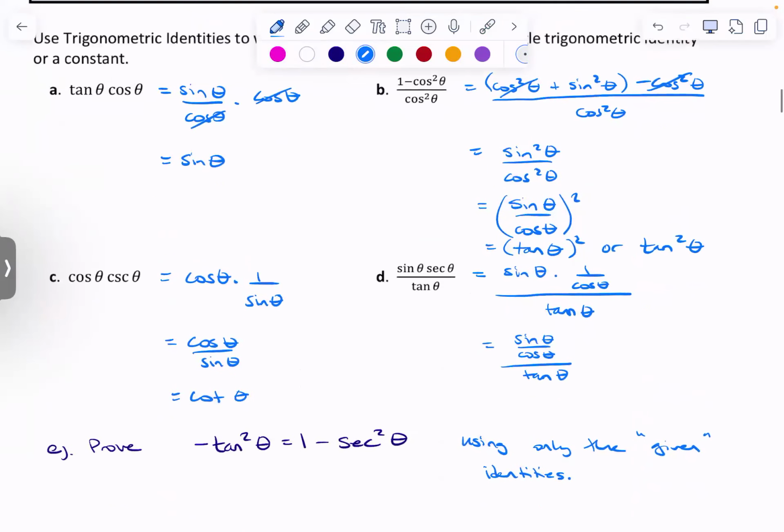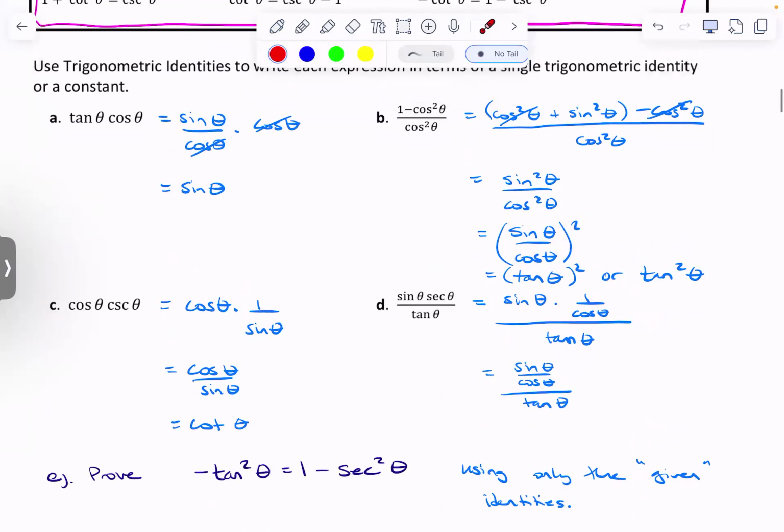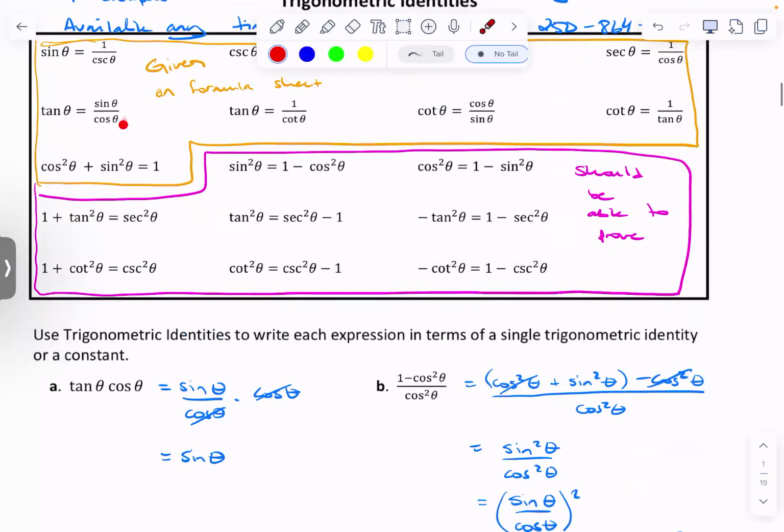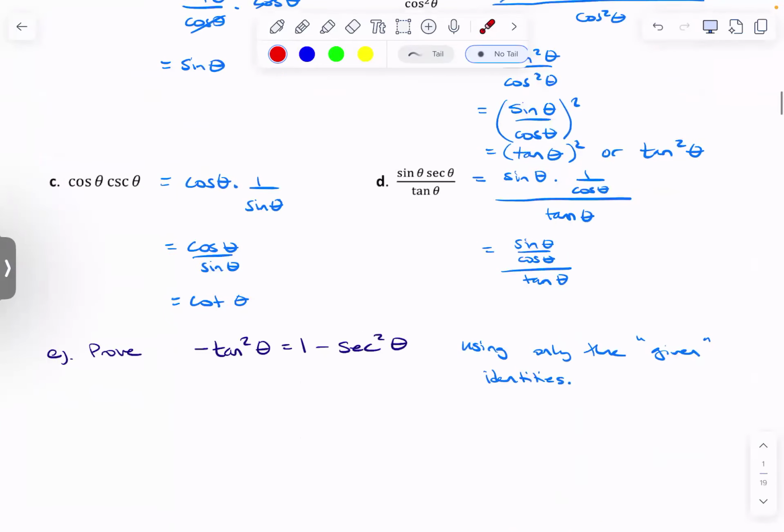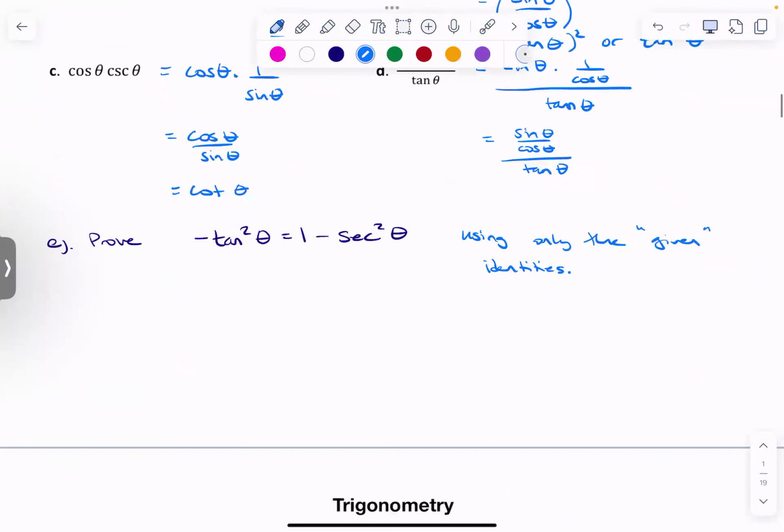What's nice is tan theta is sine theta over cos theta. And so then I get tan theta over tan theta, which is just 1, which is a constant, which was also one of our goals. One trig identity or a constant.